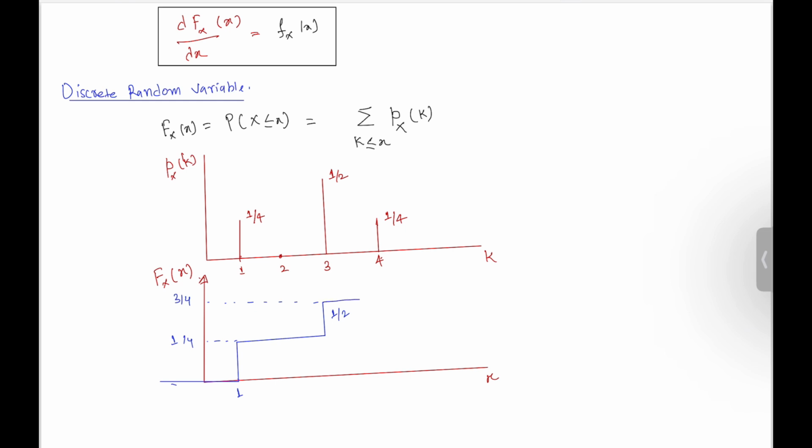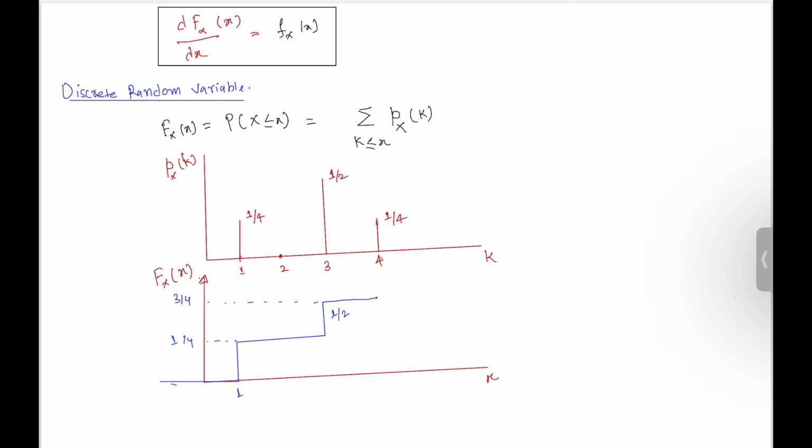So till 4, you will be accumulating this much probability, and once you pass x equals 4, there would be an addition of this probability as well.